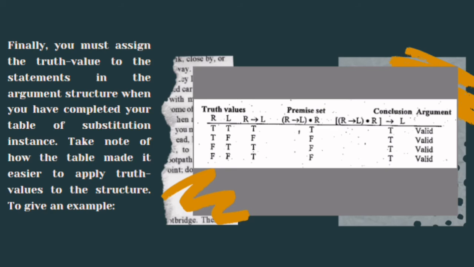Finally, you must assign the truth values to the statements in the argument structure when you have completed your table of substitution instances. Take note of how the table made it easier to apply truth values to the structure. To give an example, please observe that no horizontal row exists in which the premise is true but the conclusion is false.